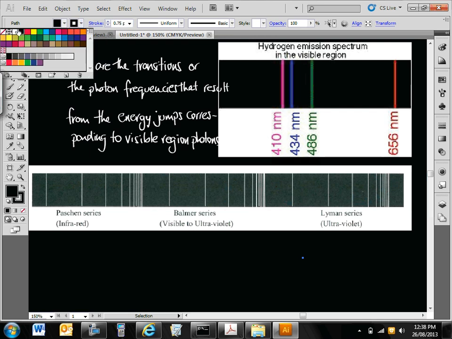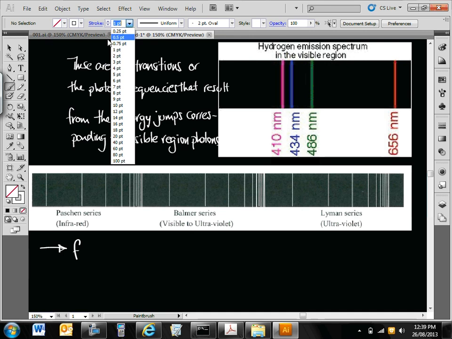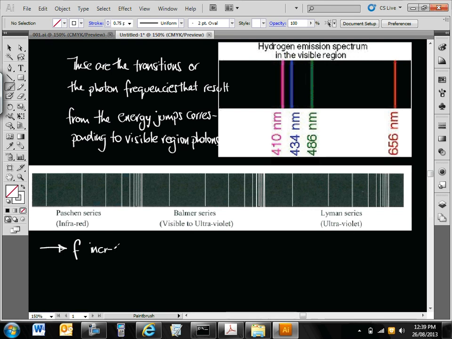Now, if I were to draw an arrow here pointing that way, what's going on with the frequency as you move from left to right? Frequency decreasing. Infrared to visible to ultraviolet. Frequency increasing, yes.